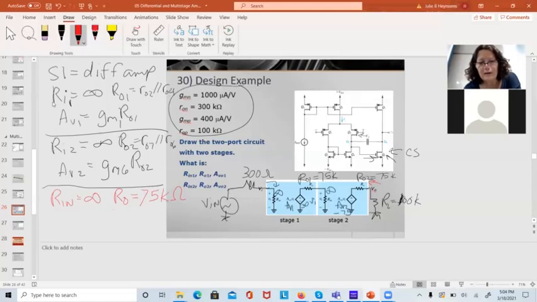In this case, because this is infinity, this will be Vn. And this would be 30 Vn. And this also has infinity, so it's just 30 times 75. That doesn't always work. If the input resistance isn't infinite, that doesn't work. You have to actually calculate the voltage dividers. 30 times negative 75. And you could replace this whole big mess with a single one-stage equivalent.